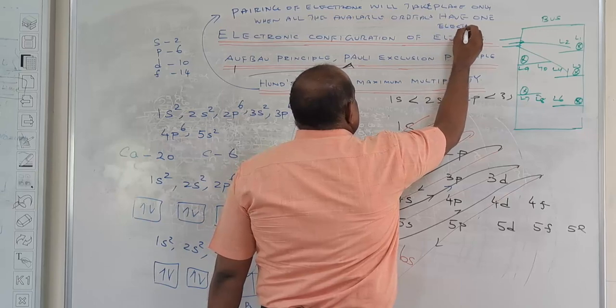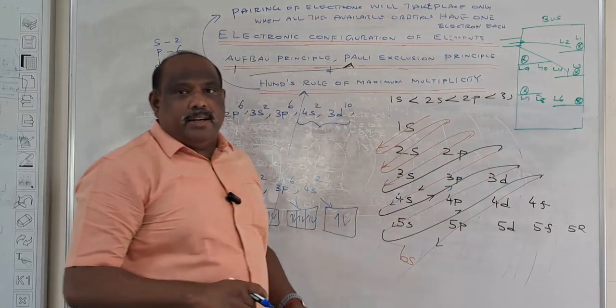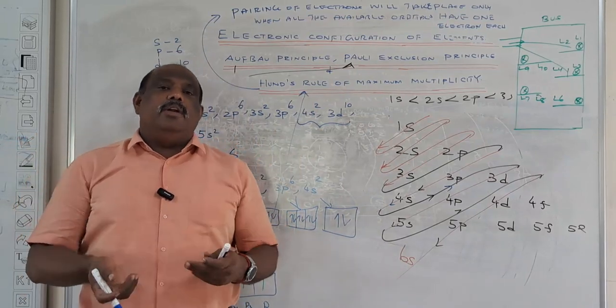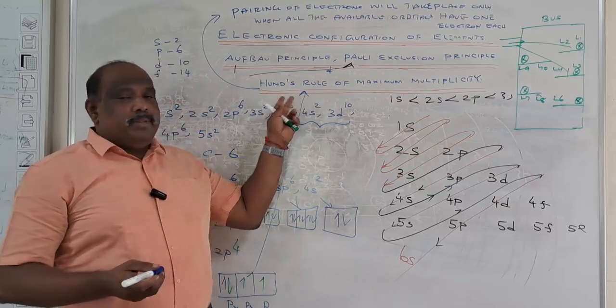If each already has one electron, then there's no other way, I have to go and pair it.